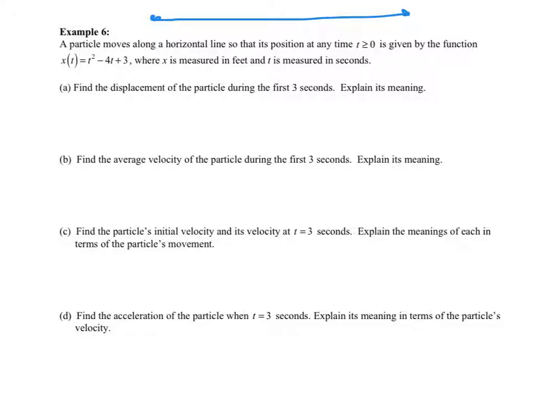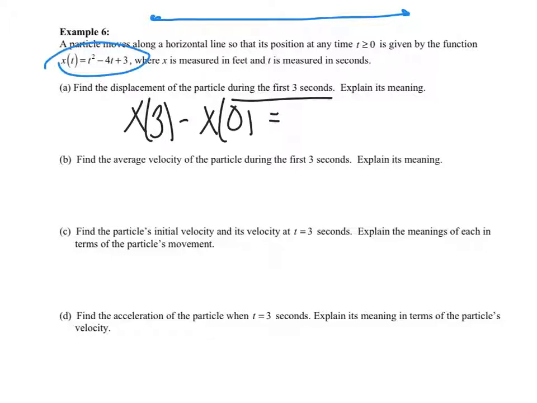So part A says find the displacement. Well, if you look back in your notes about what displacement means, we said it's the change in position. Now notice it says the first 3 seconds. So I'm going to say it's the position at 3 minus the position at 0. To evaluate the position at 3, I'm just going to plug 3 into this equation.